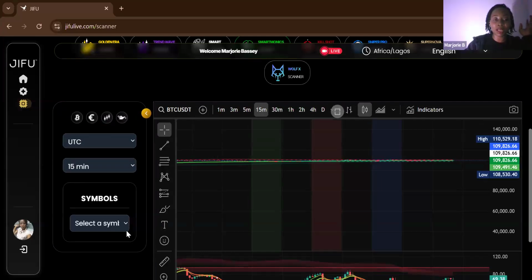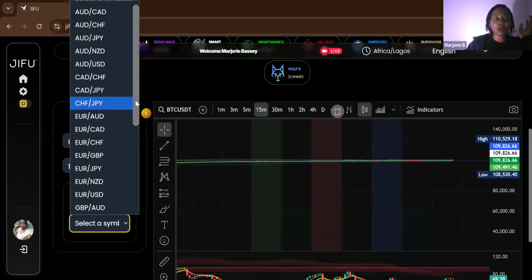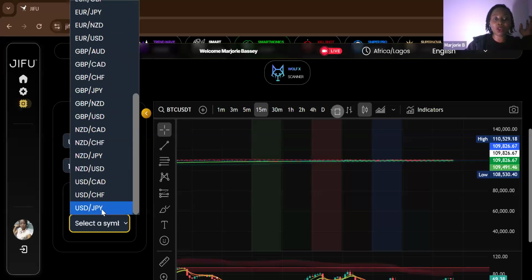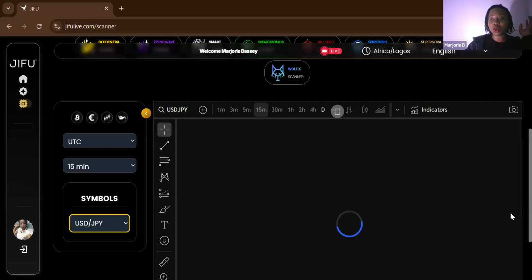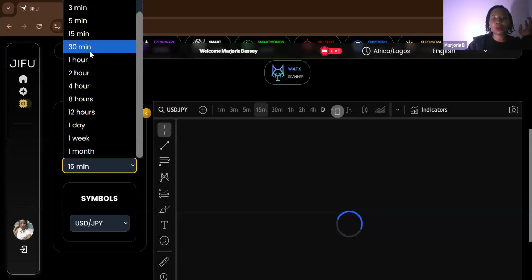So once I select the assets that I want to trade, I simply come to the price bar and wait. The moment the chart shows up, I'll just expand it so it doesn't collapse.